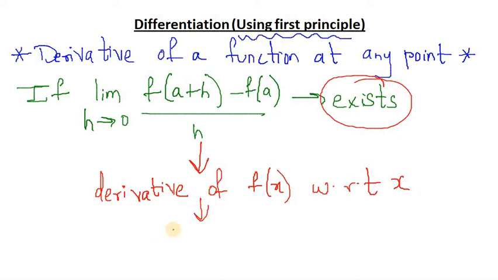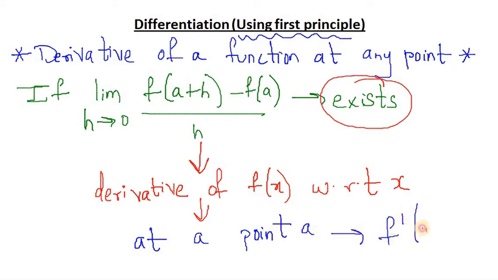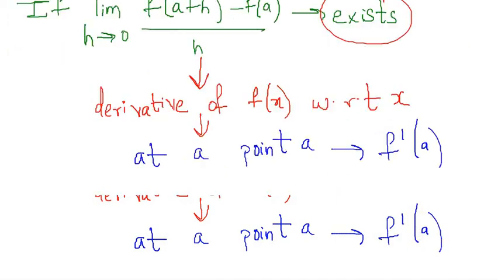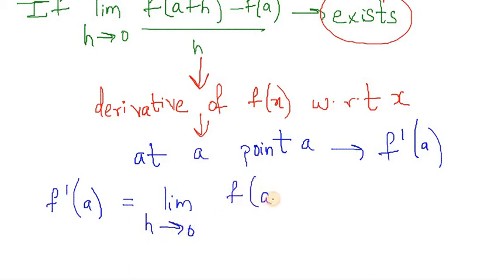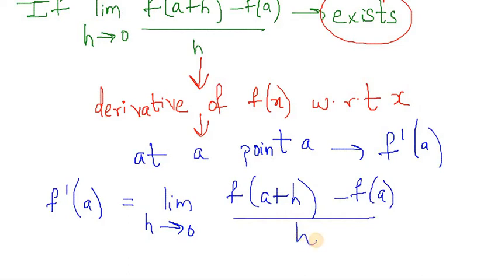At what point? Guess at what point? Any point? At a point a. Okay, so it will be denoted by what? F dash of a. So I can say that f dash of a is equal to limit h tending to 0, f of a plus h minus f of a upon h.